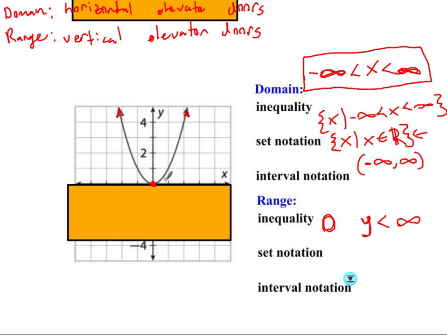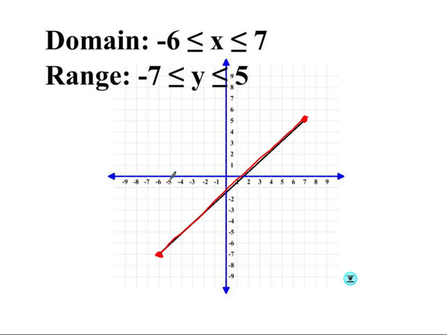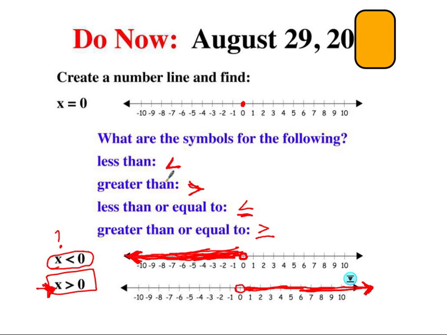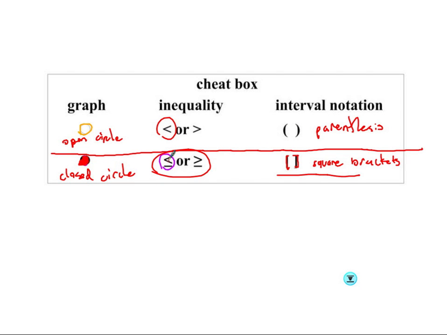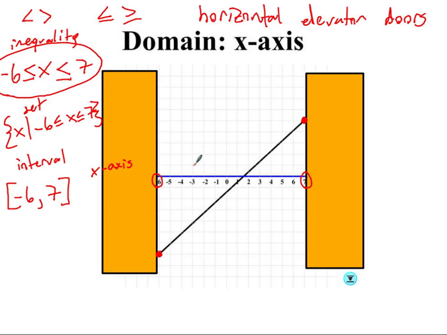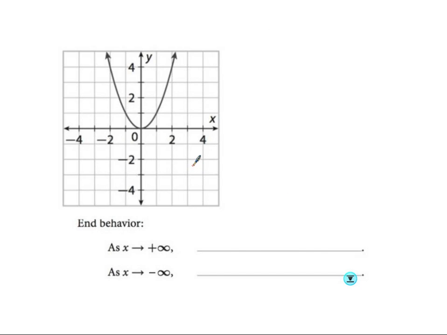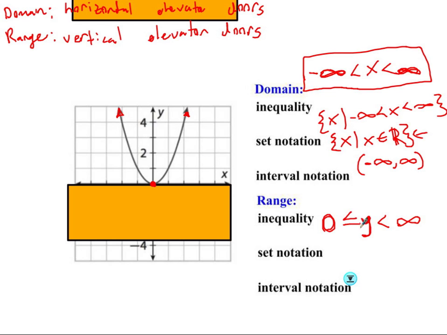So because it goes to that point, for a solid or closed dot, remember going back to our chart, closed dot, you're going to use less than or equal to. So here we have to use less than or equal to.